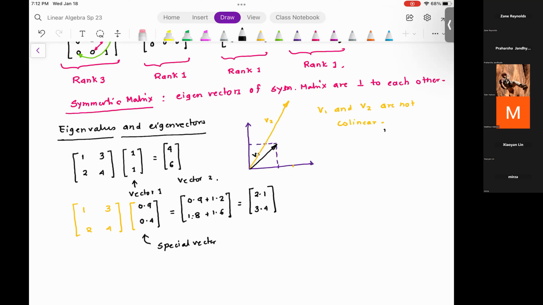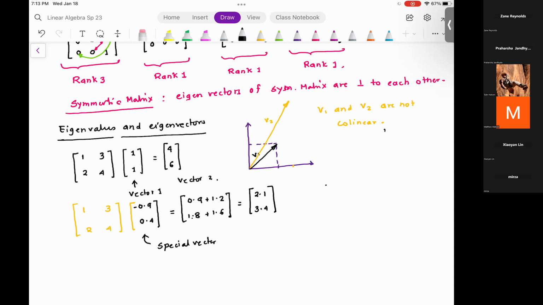Let me see if I did this correctly. First row, first column, and second row, first column. And now if I were to plot this, oh, this has a negative sign.